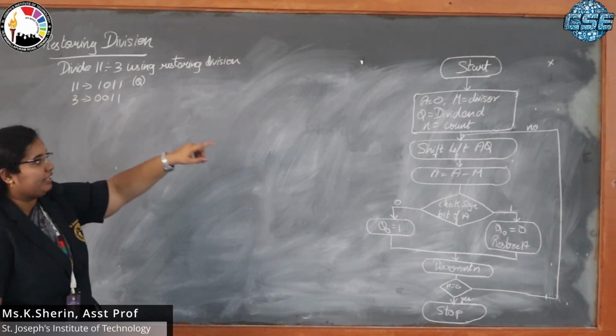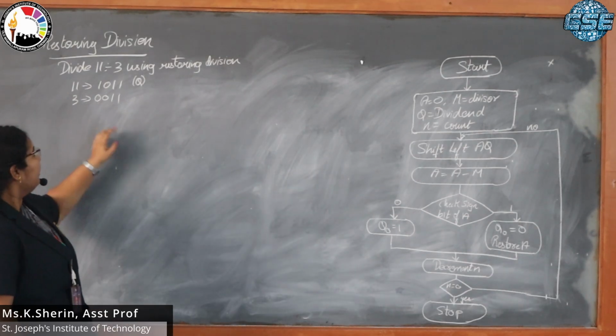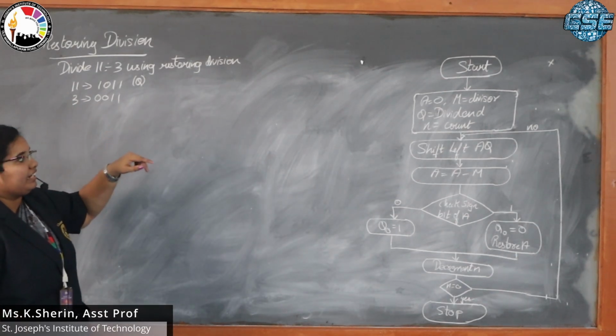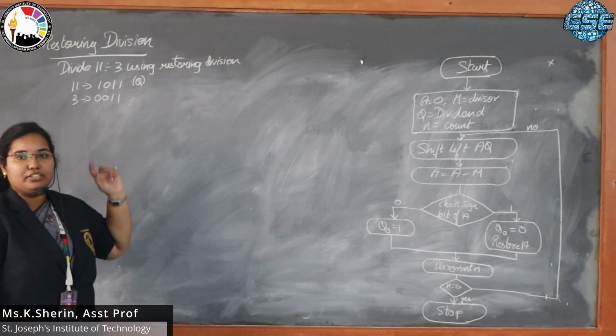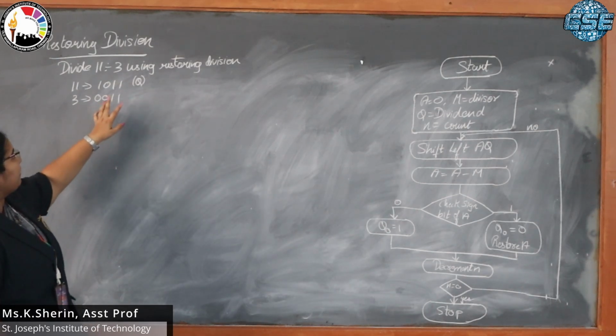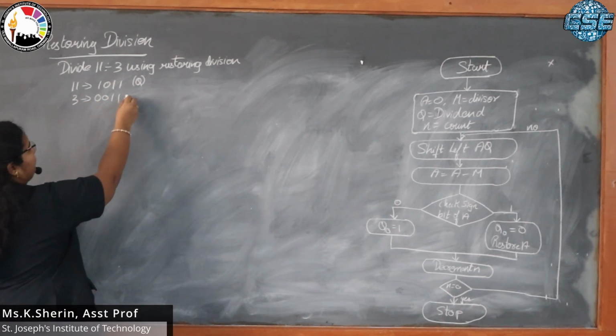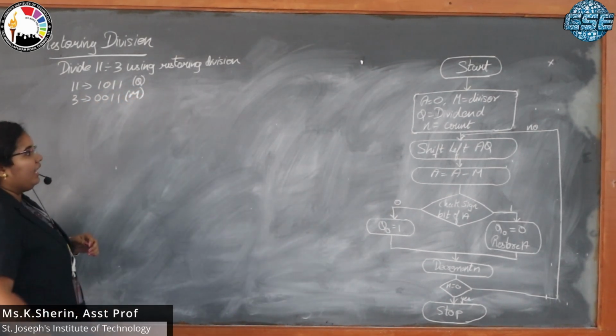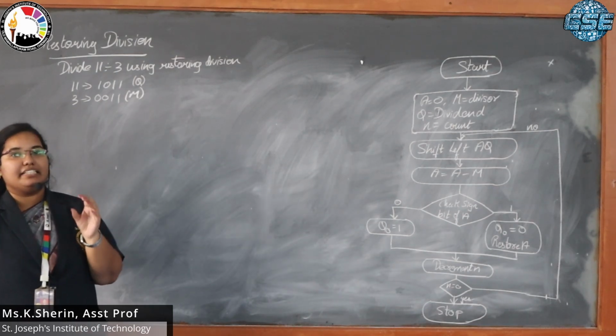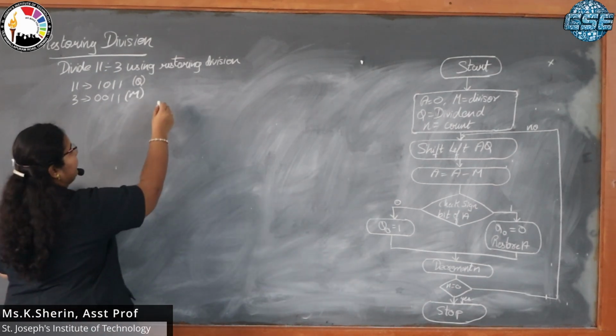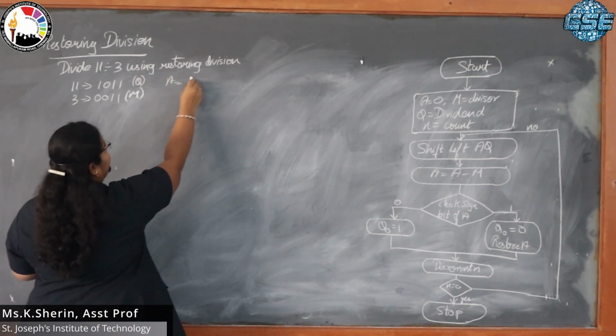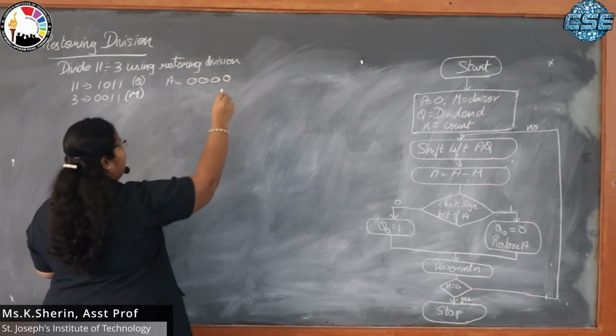That is my Q value, represented as the dividend, and 3 is going to be my divisor over here, 0011. So here my Q value is 11 and 3 is going to be the M value, and A is going to be my initialization value, which is going to be 0, 0, 0.